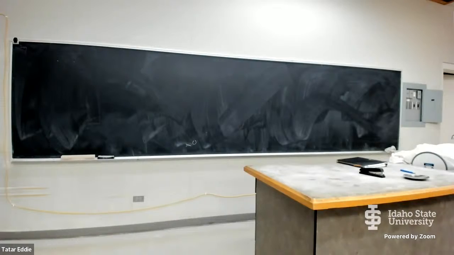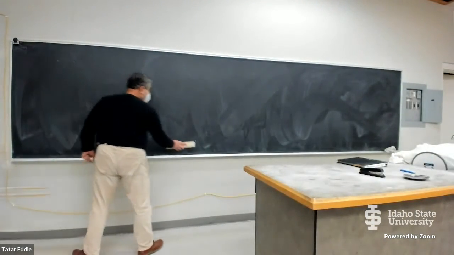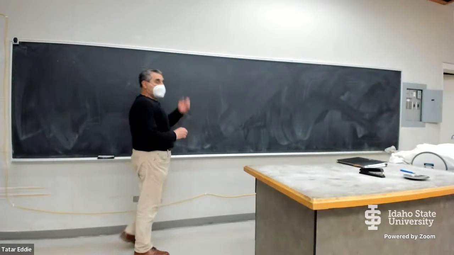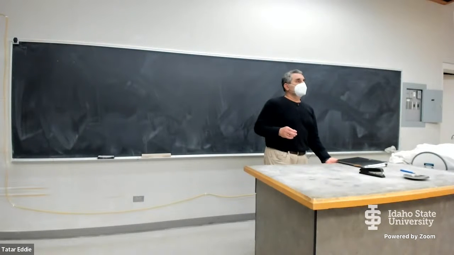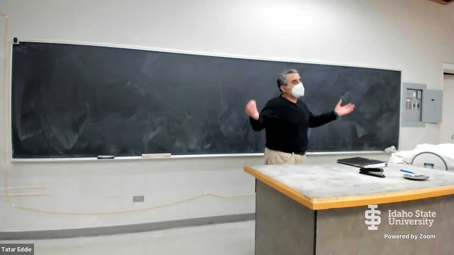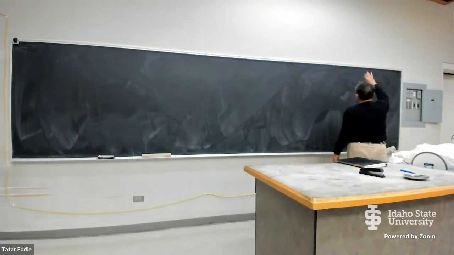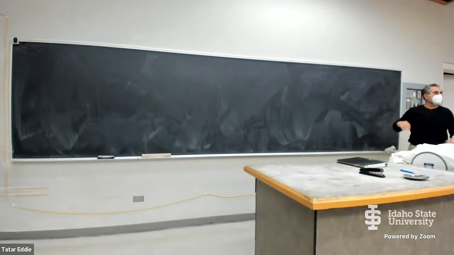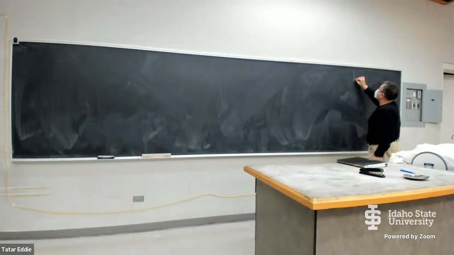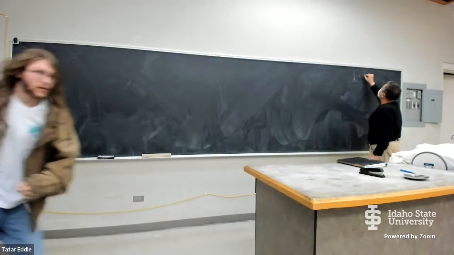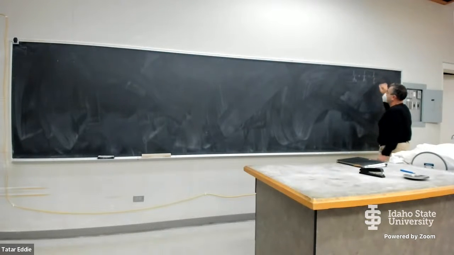The first formula is the so-called mirror equation, which is exactly the same shape as the thin lens equation that is going to come in the next chapter. And that equation, I will just write it here, and later we're going to derive it. So the first equation is 1 over dO plus 1 over dI equal to 1 over F.